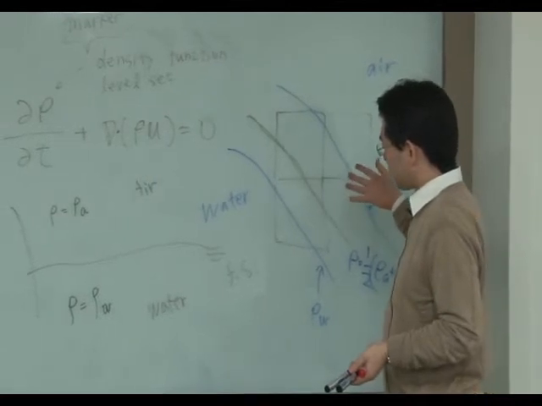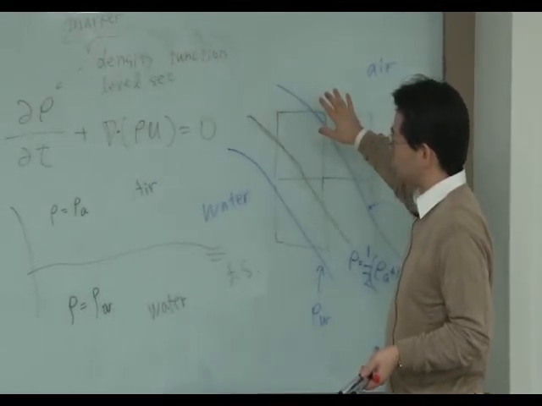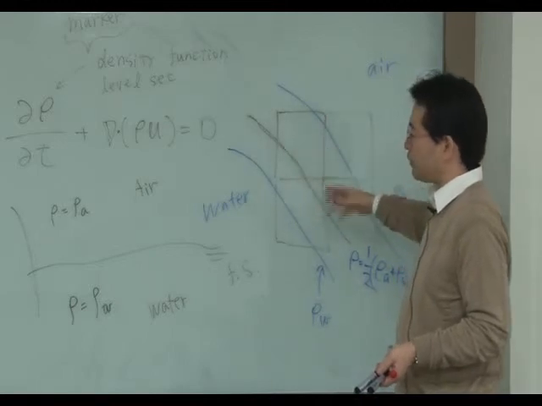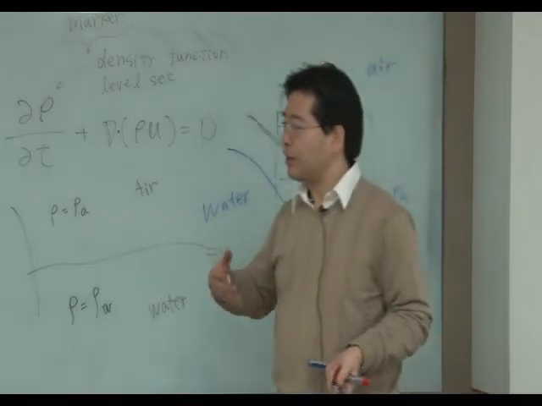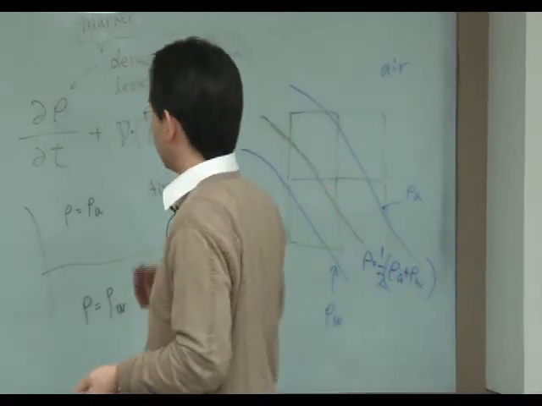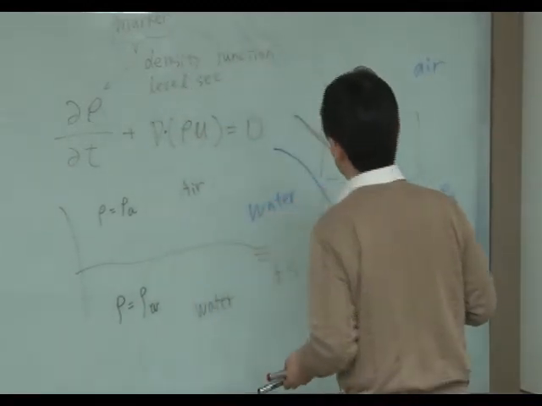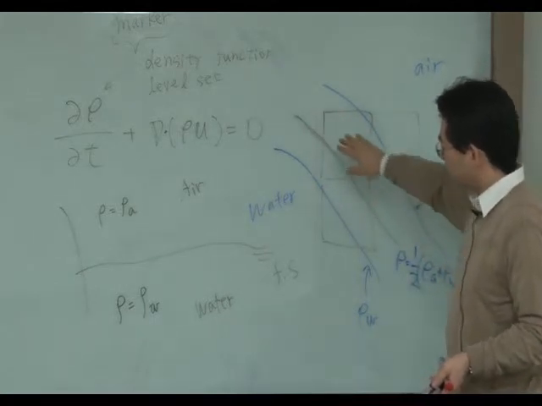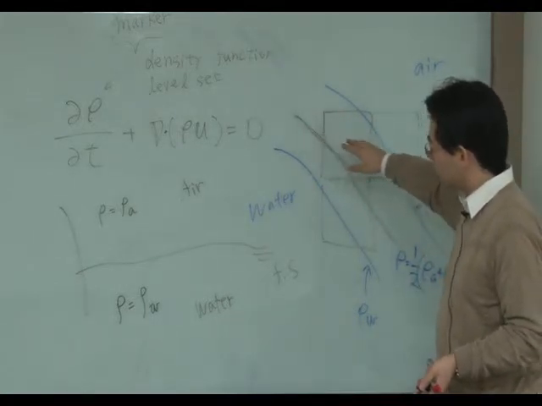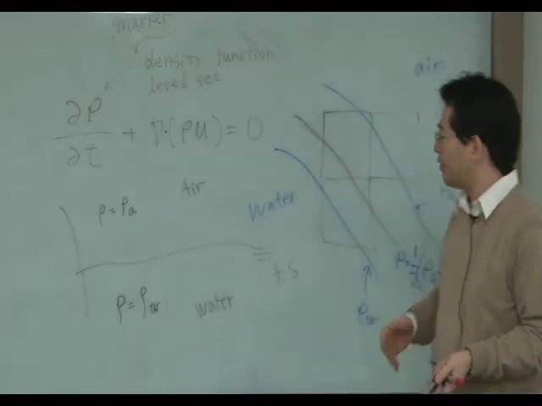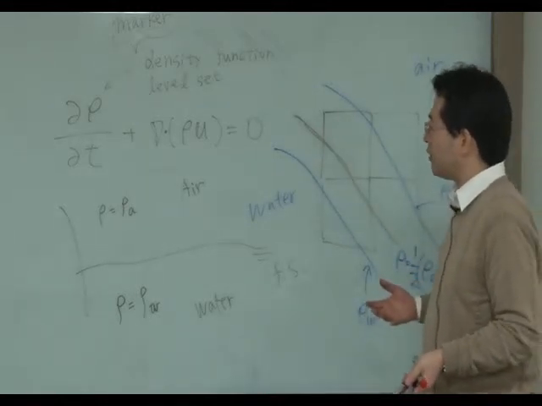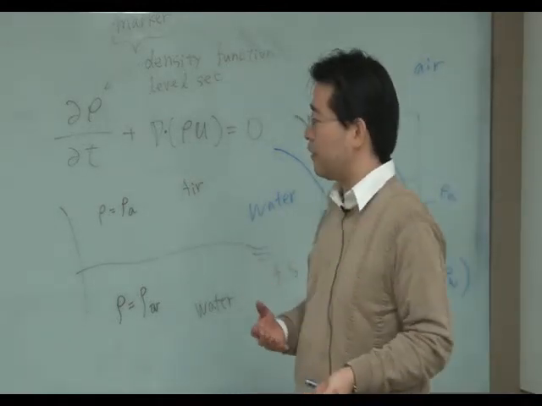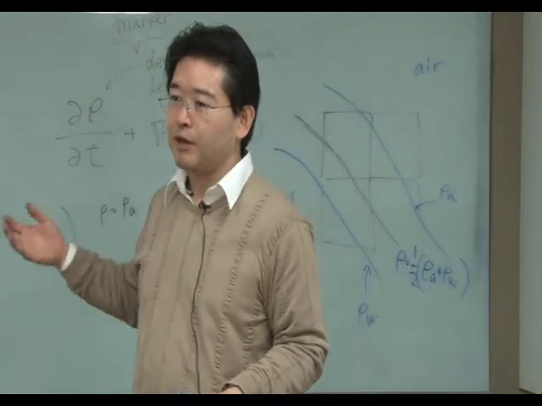So the actual free surface is not directly seen as an image, but you can construct the geometric shape of the free surface by calculating the iso-value line or iso-surface of the marker density value.